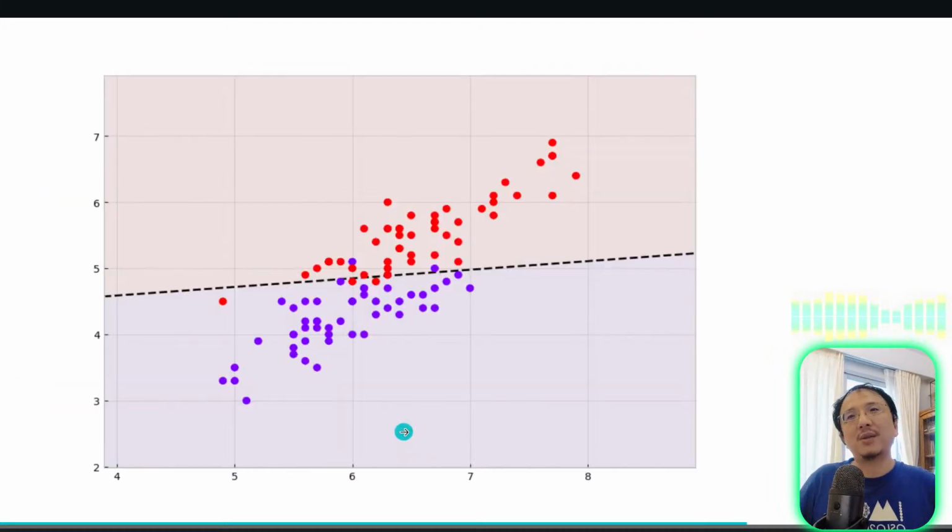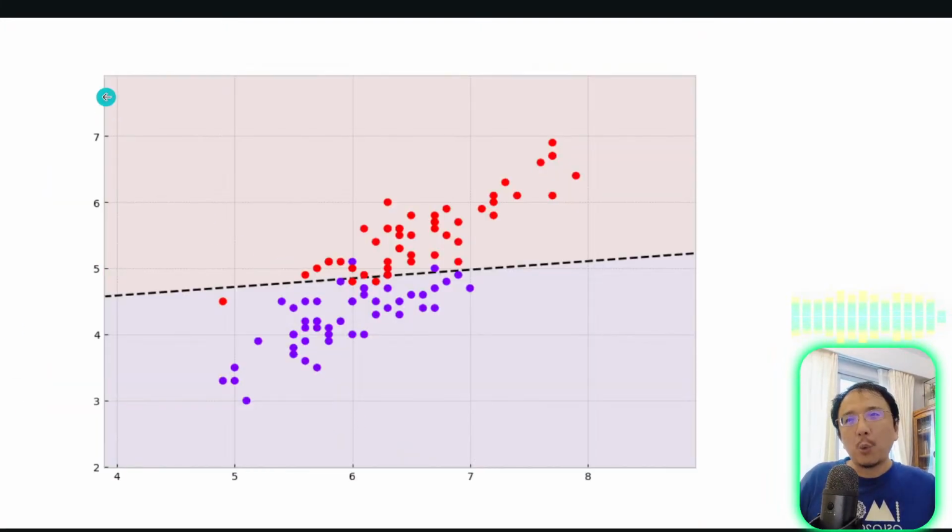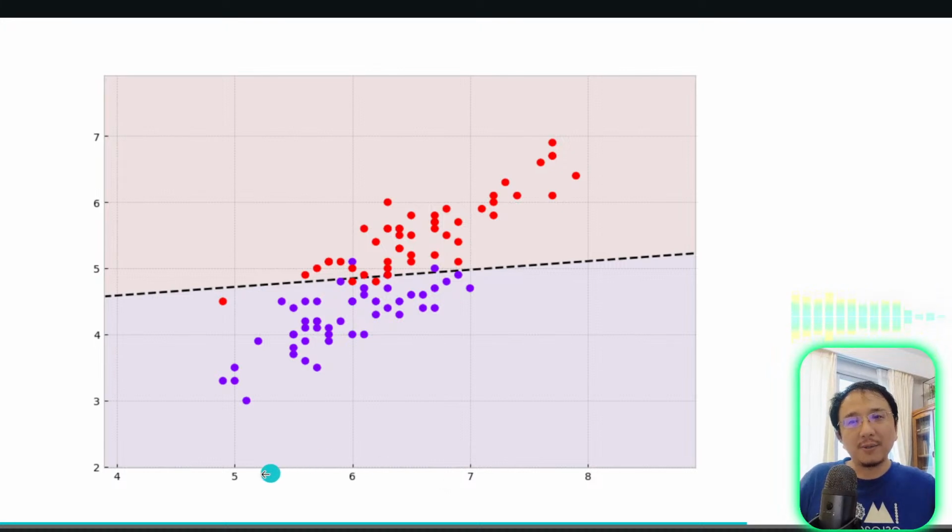Okay, I have to explain this graph. We choose 2 different features and use this graph to visualize the classification.